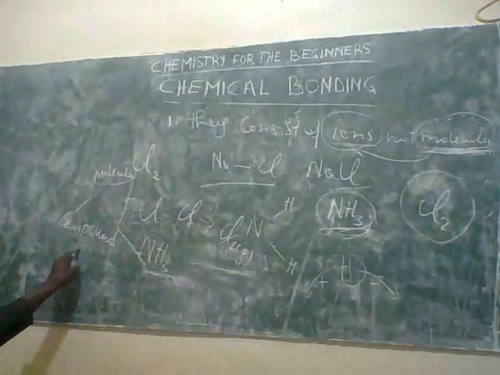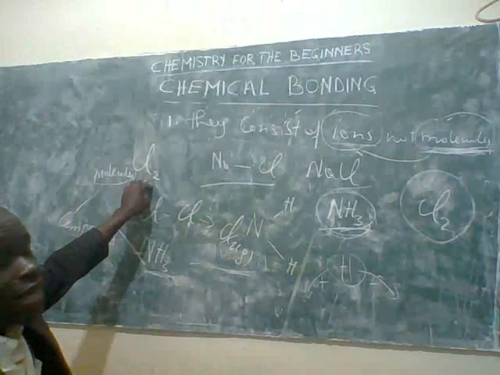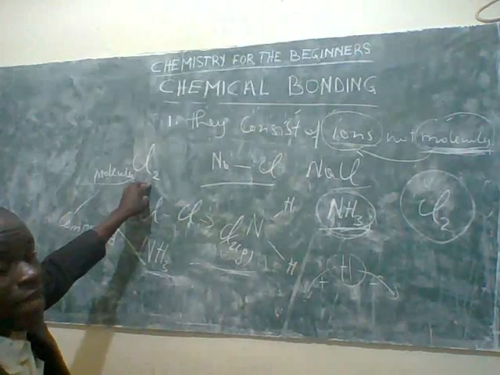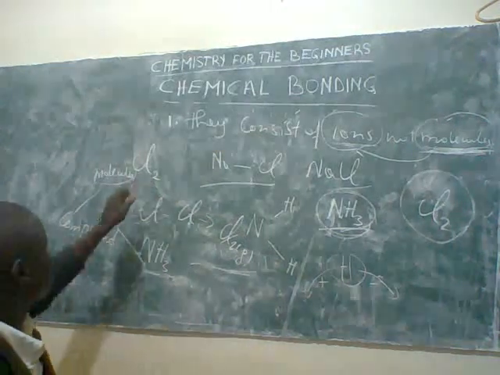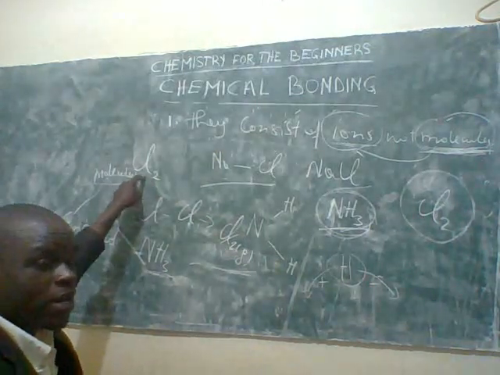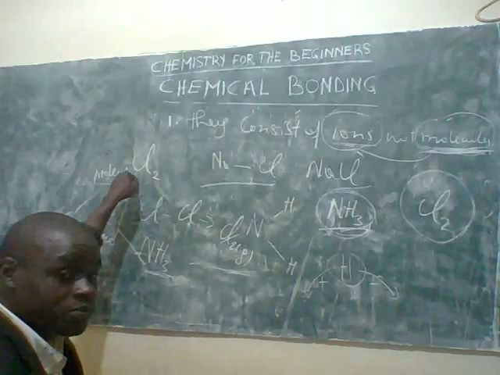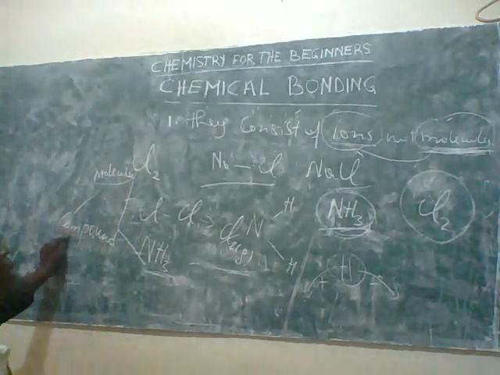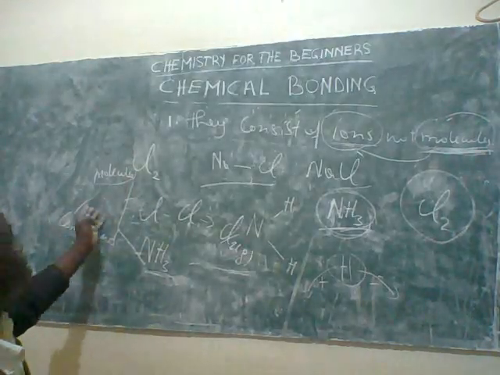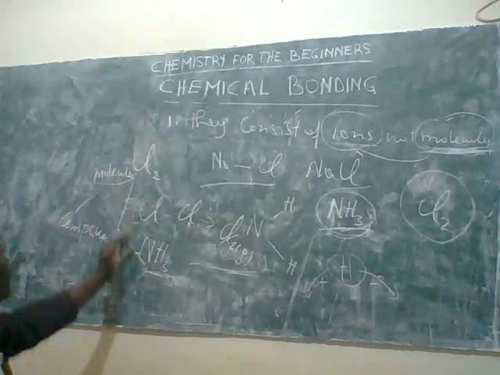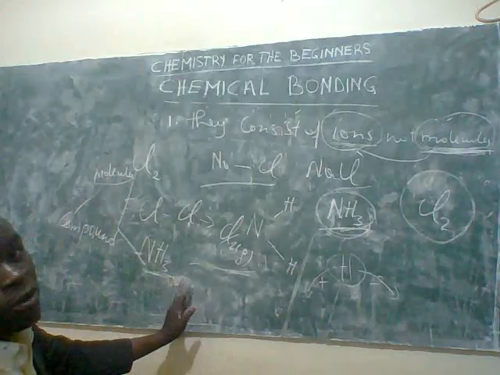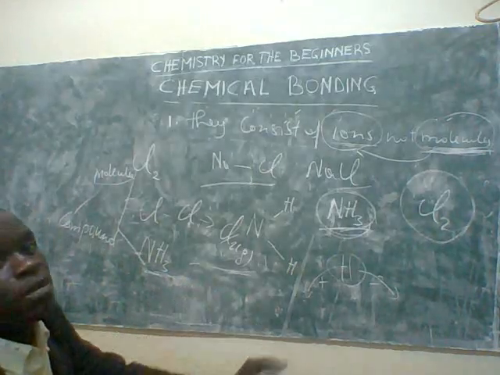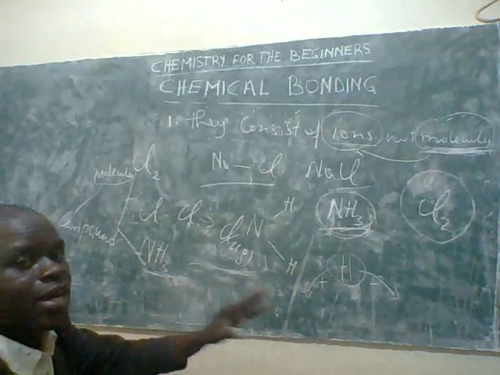A molecule is composed of two atoms of the same type, two atoms of the same element. We call it a molecule. And a compound is a molecule composed of two or more atoms of different types or from different elements.